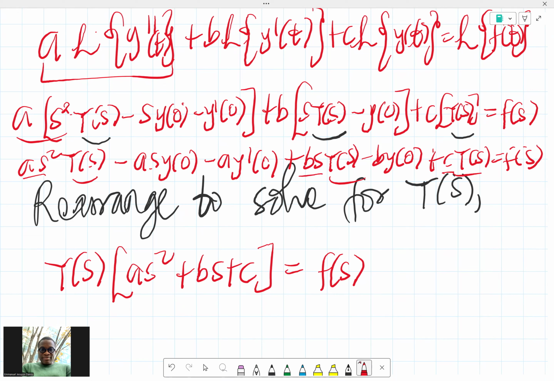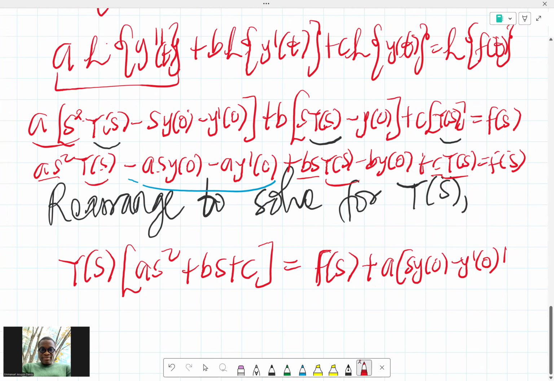On the other side, we have F(s) plus a, which is common, times (s y(0) plus y'(0)), and then we have b y(0), which becomes positive on the other side.